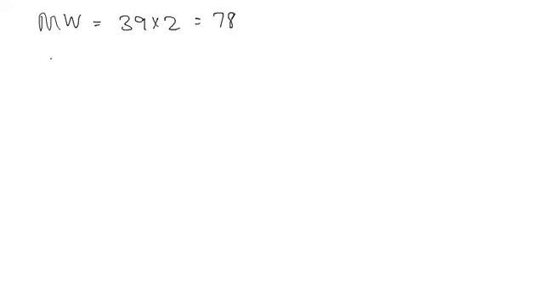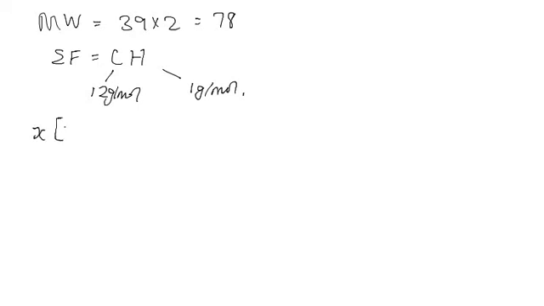Then you are given your empirical formula as CH. Of course, your C carbon is 12 gram per mole, and your hydrogen is 1 gram per mole. So for you to get your molecular formula, you simply substitute these values and divide. Since you are looking for the number of carbon atoms and the number of hydrogen atoms in this particular compound, this implies that you have an unknown value, x, and then you have your mass of carbon and your mass of hydrogen.